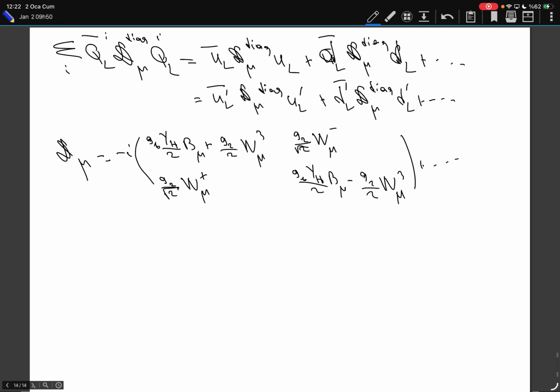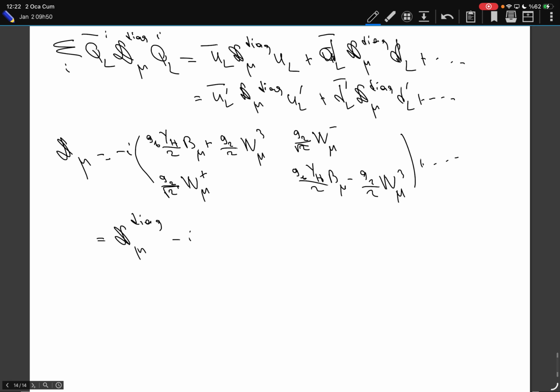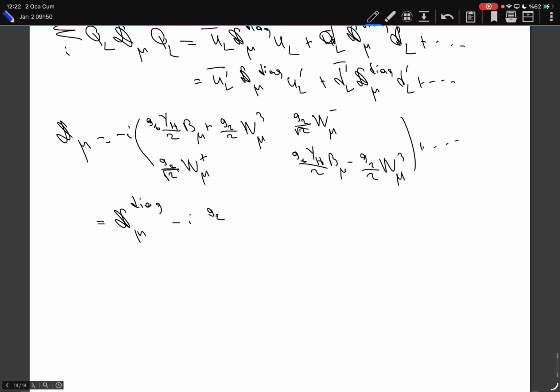What I meant by diagonal terms are these terms, of course expressed in terms of A mu and Z mu. This will be del mu, the diagonal part. But then I have minus i g2 over square root of 2, times the matrix with 0, omega mu minus, omega mu plus, 0.